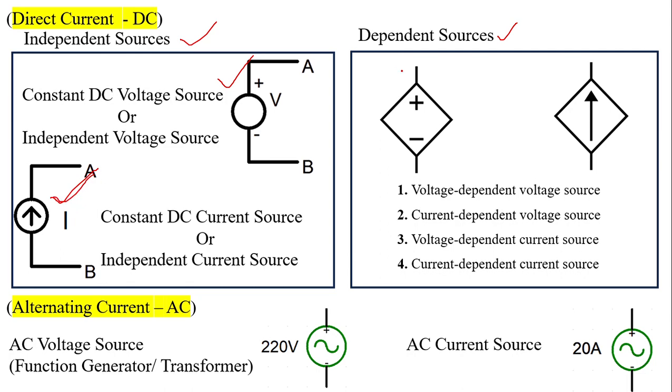There are various types of dependent sources. These are the schematic symbols of dependent sources: voltage dependent voltage source, current dependent voltage source, voltage dependent current source, current dependent current source. And these are the schematic symbols of AC voltage source and AC current source.